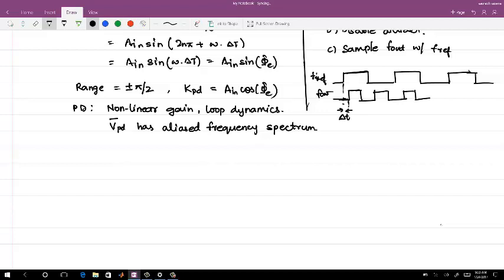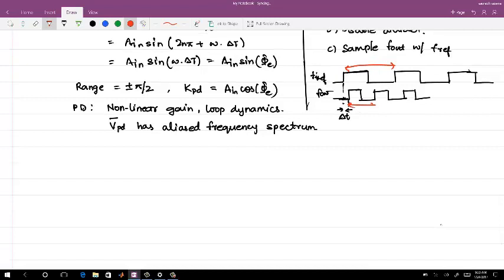You got that idea? Phase is a dimensionless quantity, whereas as soon as I say there is something called phase, that means it has a reference. The reference frequency accumulates a 2 pi phase within this period, whereas the output clock accumulates a 2 pi phase within this period, right?